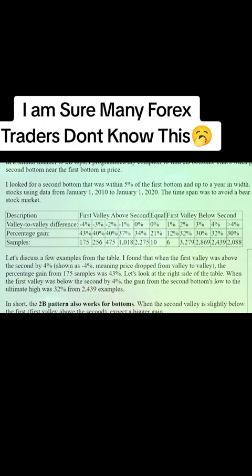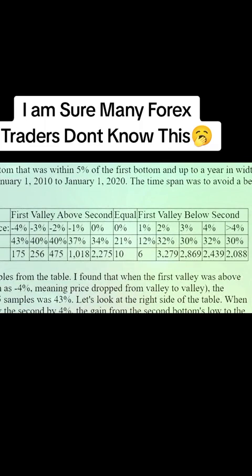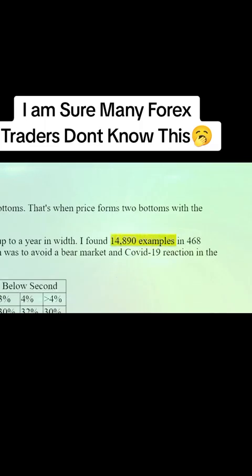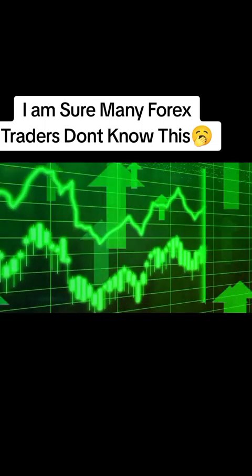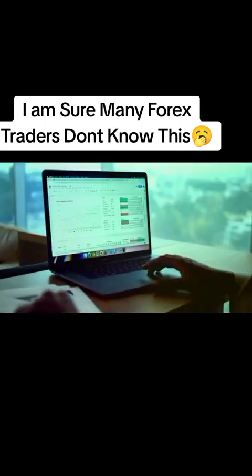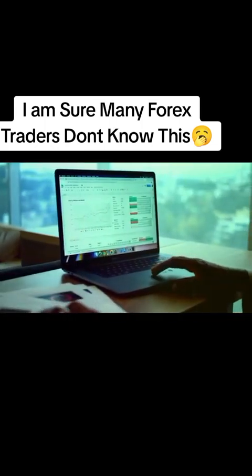You can clearly see the liquidity grab version performs way better. Out of the 14,000 trades that he tested, the percentage gain for liquidity grabs performed way better than a pattern that did something like this. So pretty interesting. Now we know why we are looking for a liquidity grab. So that's step 1, finding a liquidity grab.